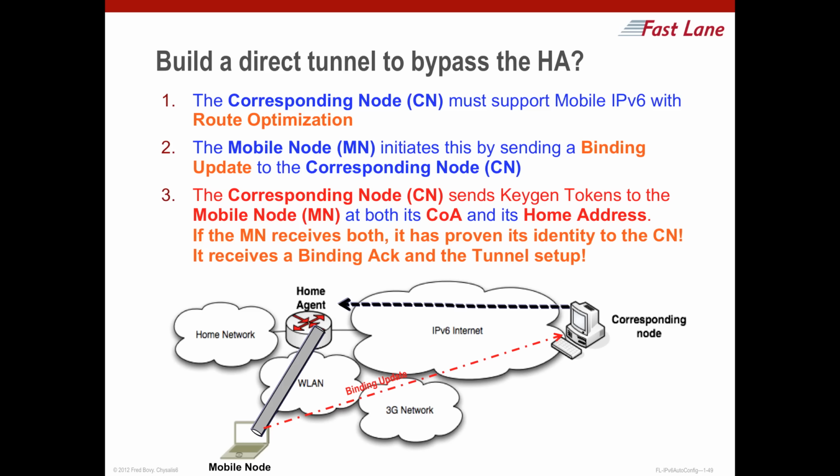And the mobile node should receive both packets, because when it is sent to the home network, the home agent is intercepting the packets and sending them to the mobile node through the tunnel. And when the corresponding node is sending the traffic directly to the care of address, again, the mobile node must be able to get this traffic back.